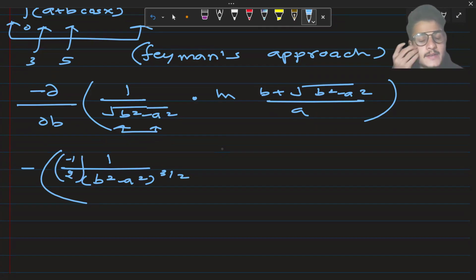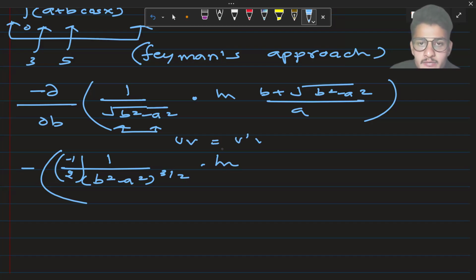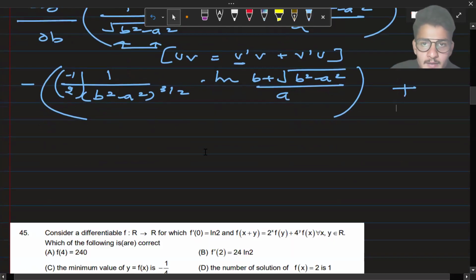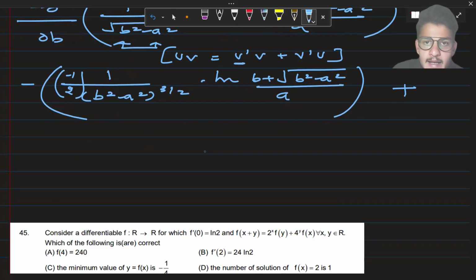This is basic differentiation: x to the power n differentiates to n times x to the power n minus 1. And this one will remain constant, because the differentiation of uv with respect to b will be u dash v plus v dash u. So first we are differentiating u and keeping v constant like this, and then adding this whole with the differentiation of ln b plus root over b square minus a square upon a.